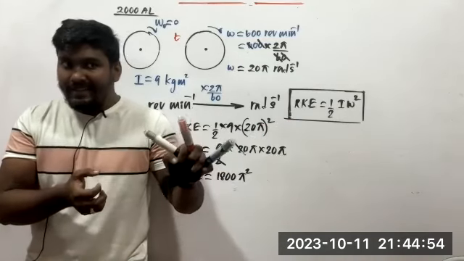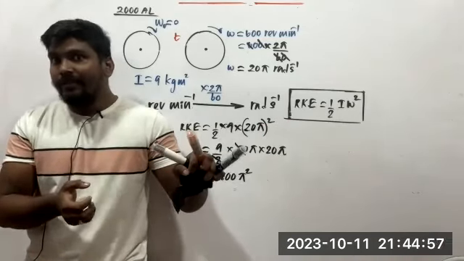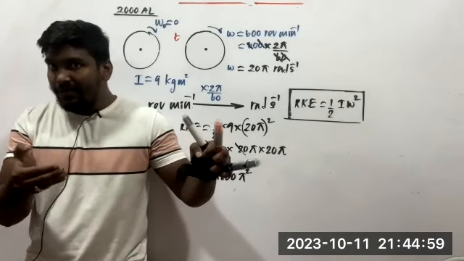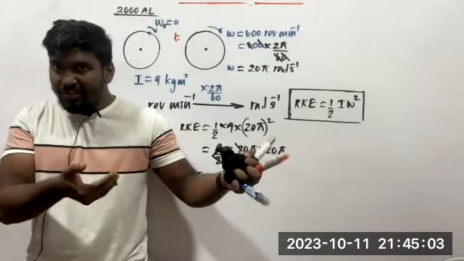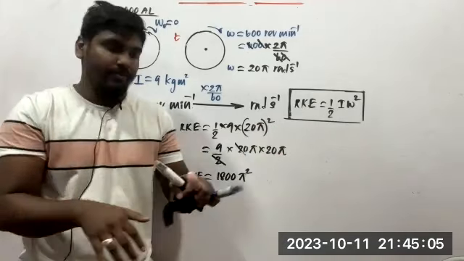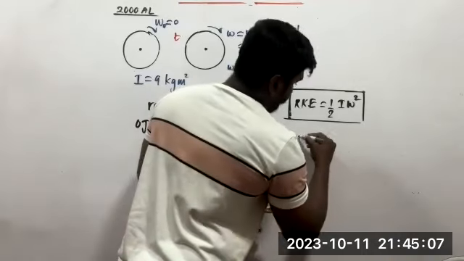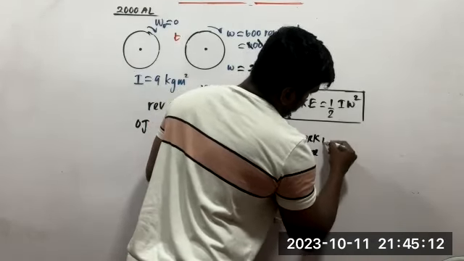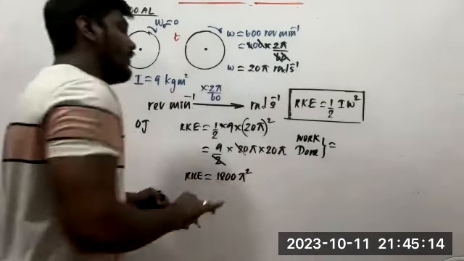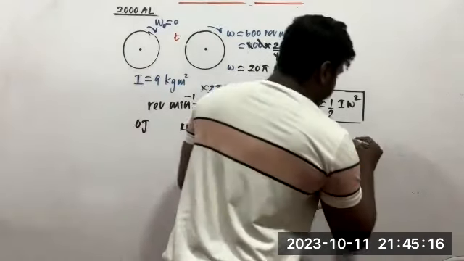So in the question, they are asking for the work done. But we should understand, according to conservation of energy, work done equals the change in rotational kinetic energy. Do you understand? Work done equals change in rotational kinetic energy.